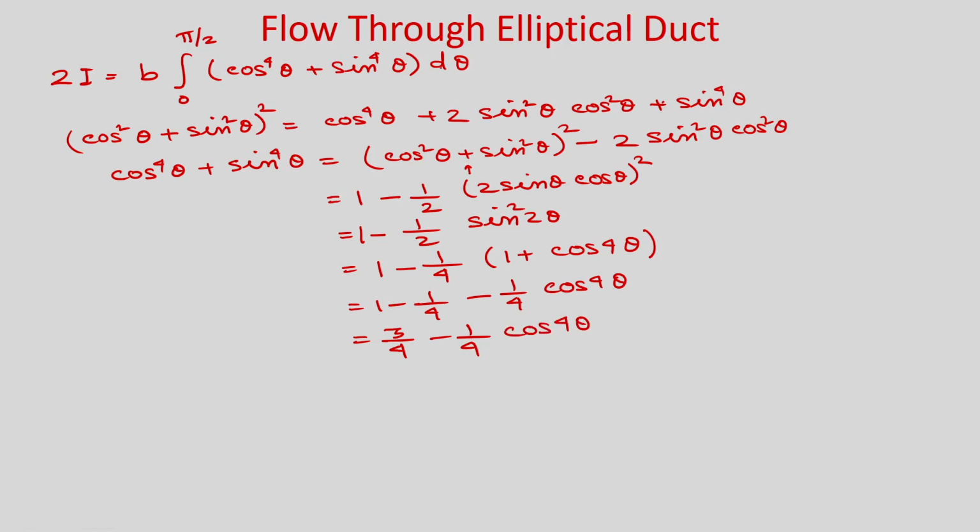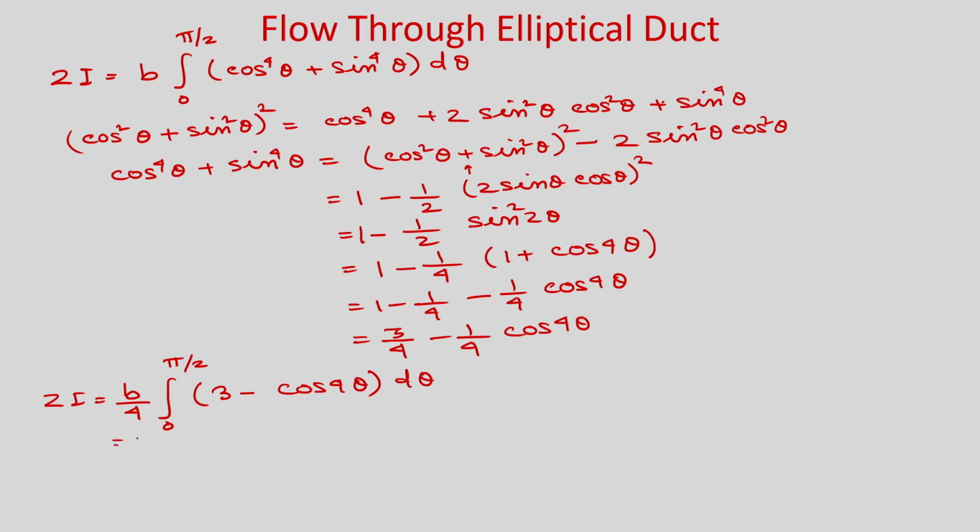So, now let us put it here and integrate it. So, we will get 2I is equal to b by 4 times the integral from 0 to pi by 2 of 3 minus cos 4 theta d theta.